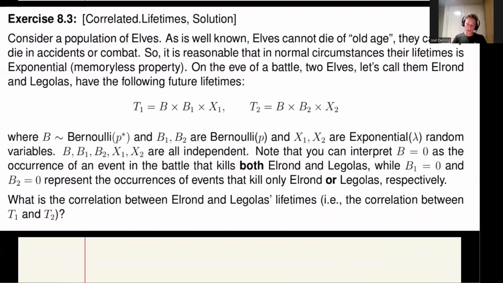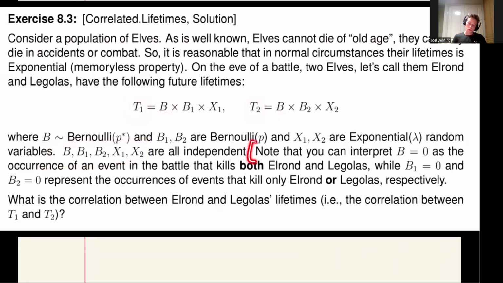So we say B is going to be a Bernoulli P star. B1 and B2 are just Bernoulli P's. X1 and X2 are exponential with lambdas. Okay, we note that they are all independent random variables. However, obviously T1 and T2 are not independent since they both share the same B, so they can't be independent.